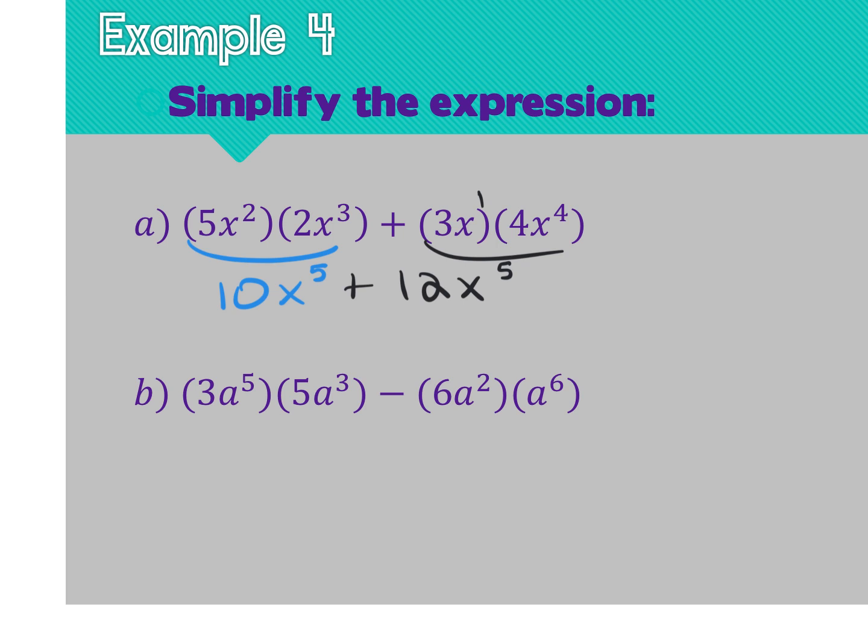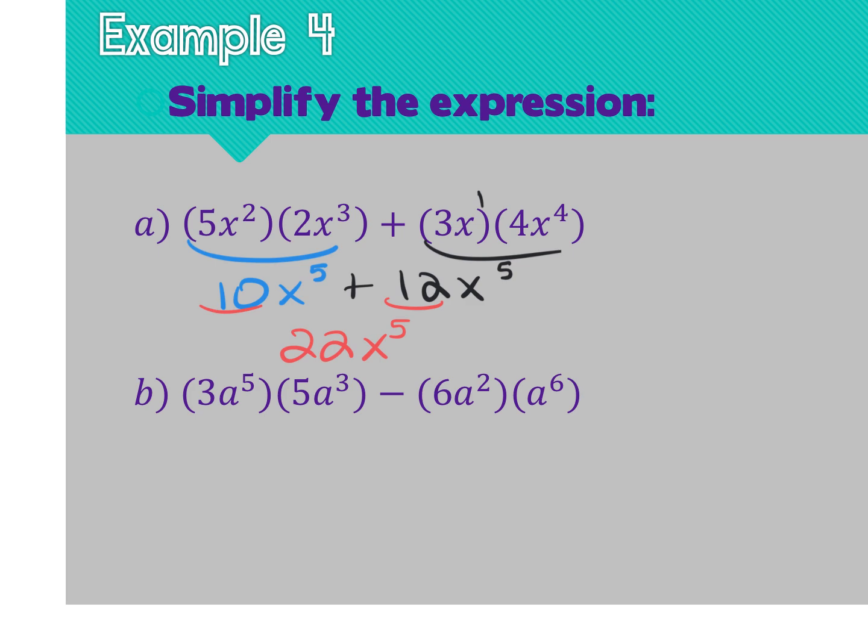Now I need to look at my terms, and I can see that they have exactly the same variable. So they're actually like terms, and I can add the coefficients. I add 10 and 12, and I get 22 x to the 5th. When you add like terms, you do not add exponents. You only add the coefficients.